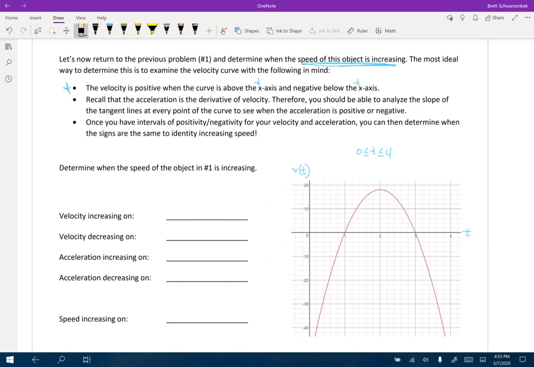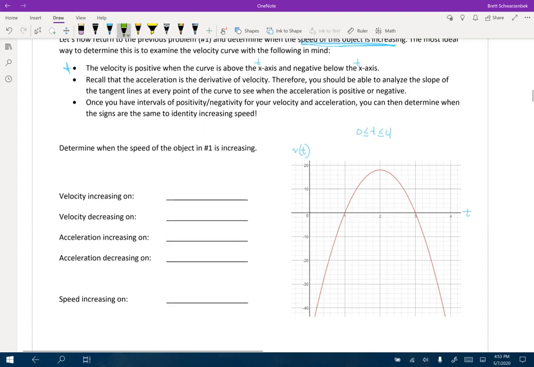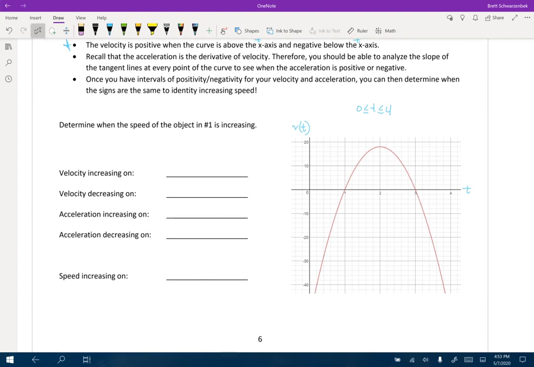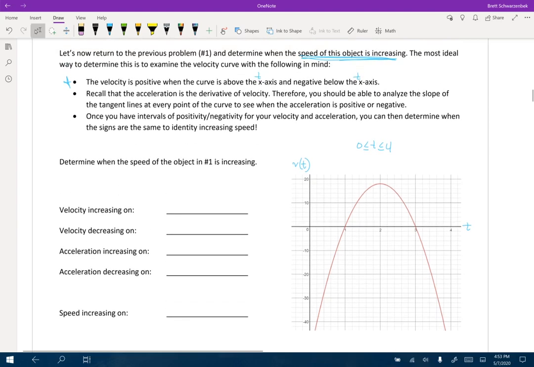So technically, we can determine that right now. Remember, we're looking for where things were split up. This graph we split up at 1 and 3. We're also going to split it up at 2, and I'll explain why in a second. So first of all, before 1 second, what's the velocity?